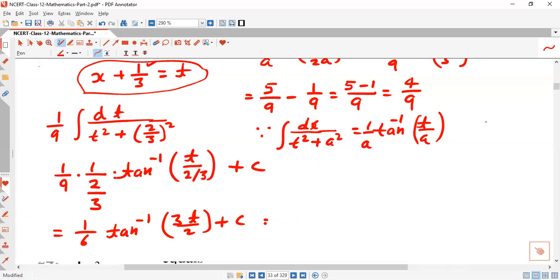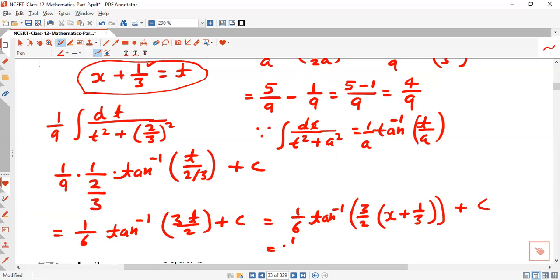So what are we getting? 1 by 6 tan inverse, you write down here better, 3 by 2 times x plus 1 by 3, plus some constant c.